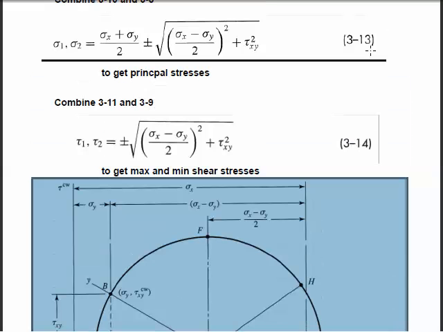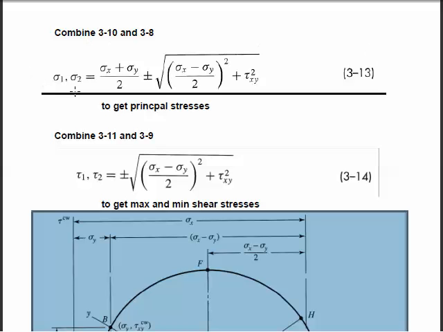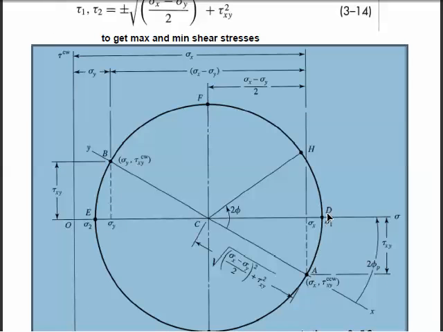But I'll simply point out that right here, equation 3-13, we have a sigma 1 and a sigma 2, or we could call this sigma A and sigma B, which is the average of the x and y stresses plus or minus the radius of the circle, the square root involving sigma x, sigma y, and tau xy. So this will give us our sigma A and sigma B, where sigma A is always the furthest to the right and sigma B is always furthest to the left in this notation.